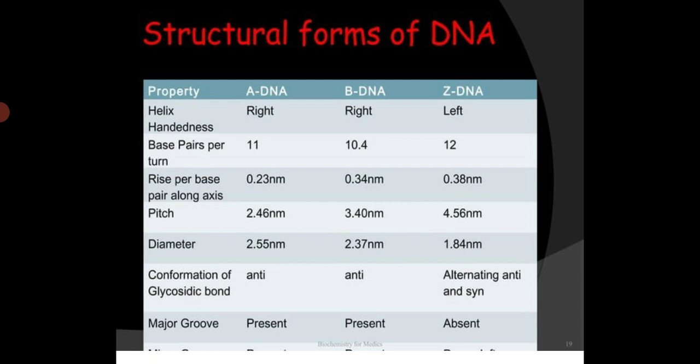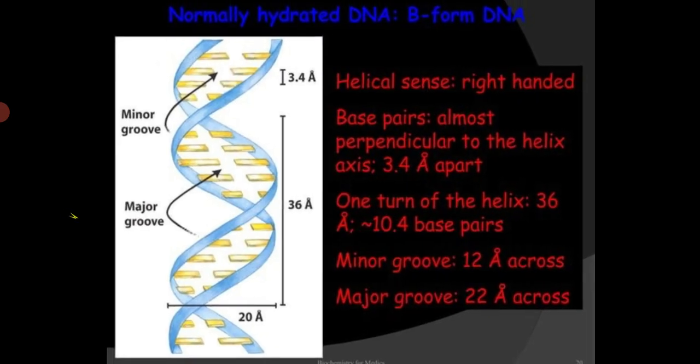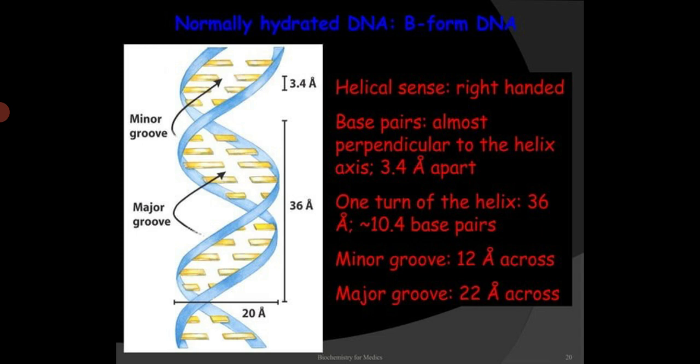The characteristics of B DNA are similar to the characteristics of the Watson and Crick model. Normally, the B DNA has one minor groove and one major groove. It is a right-handed structure. The base pairs are almost perpendicular to the helix, and these are 3.4 angstrom apart from each other.